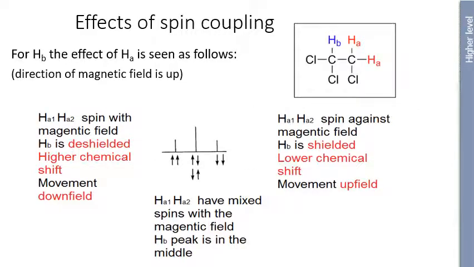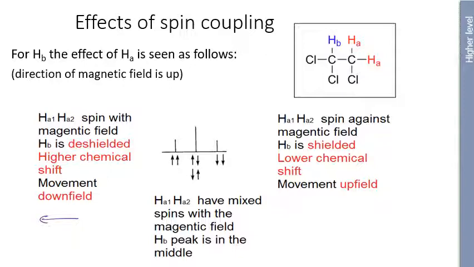So in terms of the effect of spin coupling, okay, HB can have 2 alignments with respect to the applied magnetic field. Either it's going to be with it or against it. Okay, so when HA1 and HA2 spin with the magnetic field, HB gets de-shielded, okay, and as we've discussed, it moves downfield.